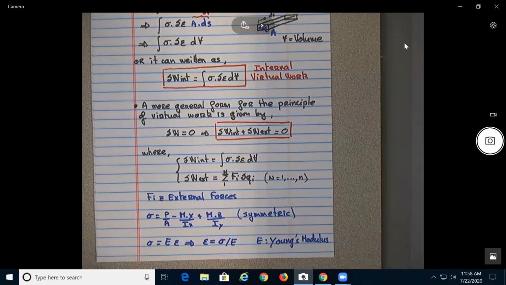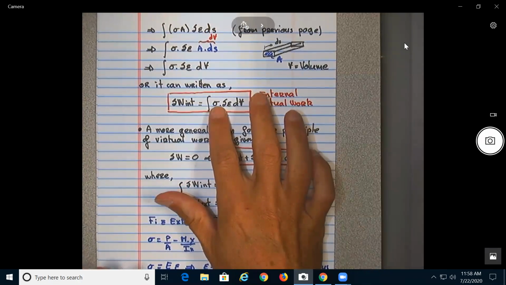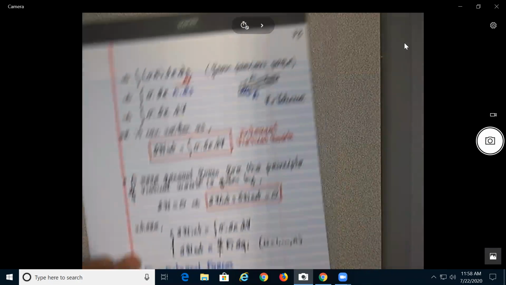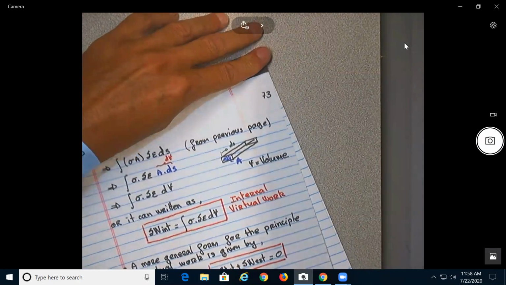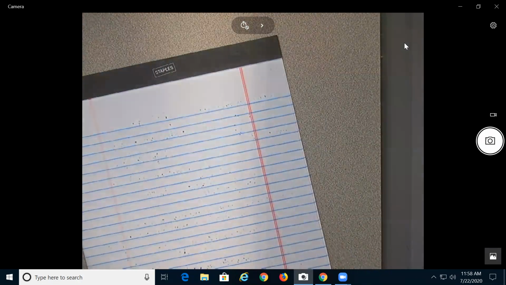All right, so now I'm going to define one more thing, and then we're going to start working on specific cases. Okay, so this equation here personally is the one I like to use, but people don't like the term virtual work.